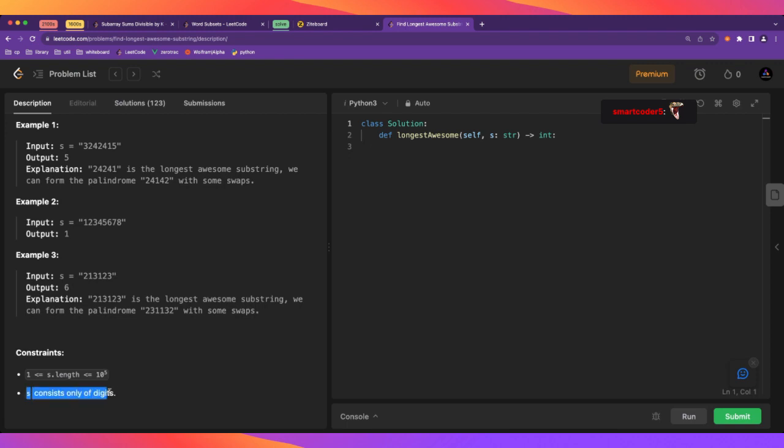And this is interesting because it consists only of digits. I don't know why. It could have been letters, and I guess it would be the same.